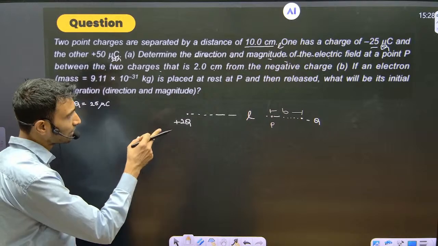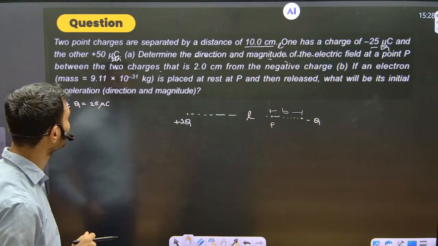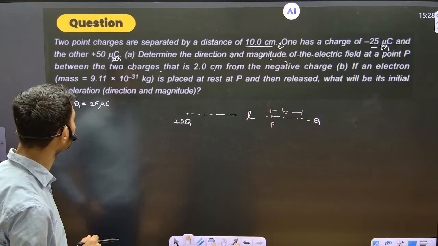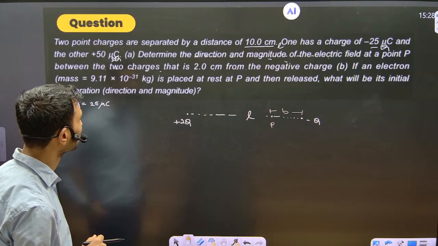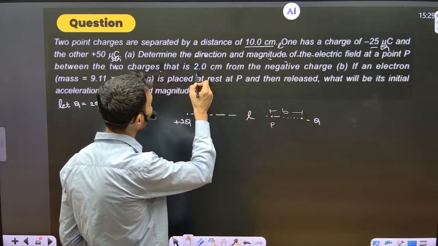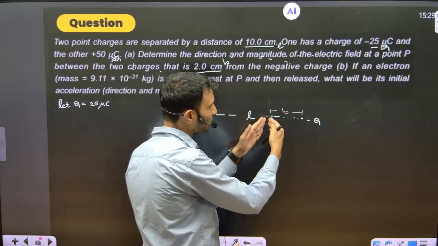So let us find out the electric field at point P, 2 centimeters from the negative charge. And what is B, guys? B is 2 centimeters from the negative charge.